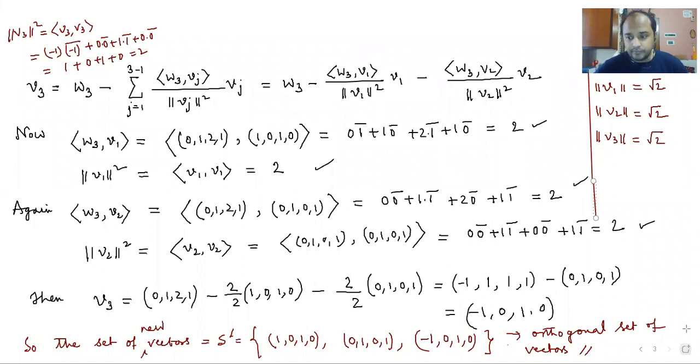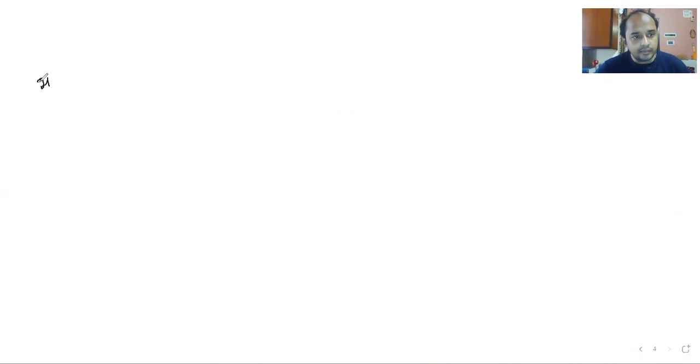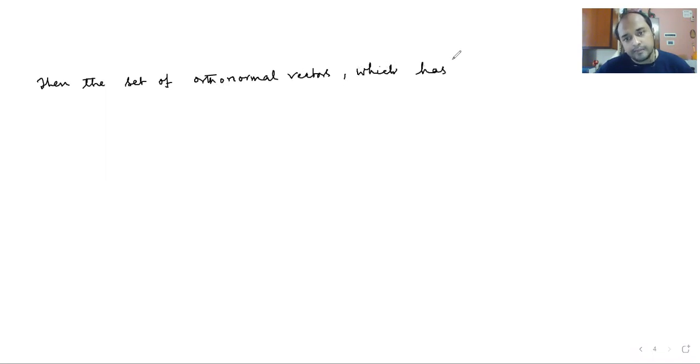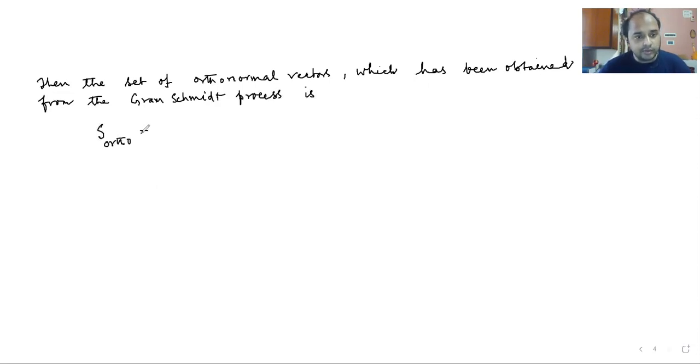Then the set of orthonormal vectors which has been obtained from the Gram-Schmidt process is, let us write it as S ortho, and that would be 1 0 1 0 divided by root 2, 0 1 0 1 divided by root 2, and what was the last vector?